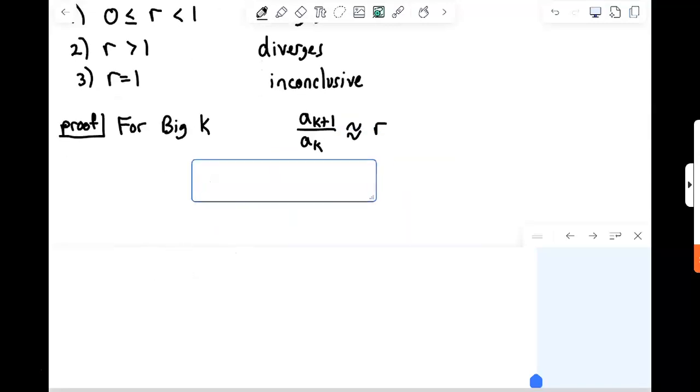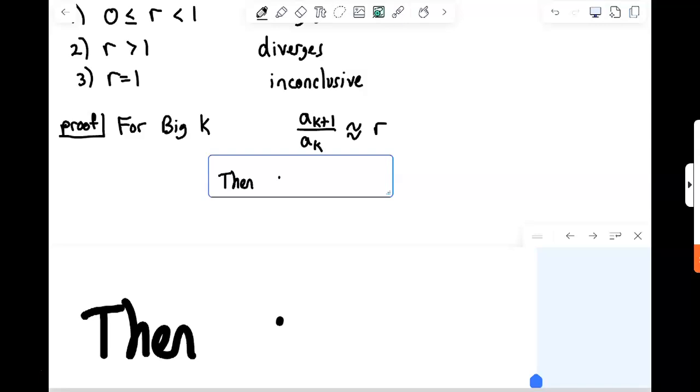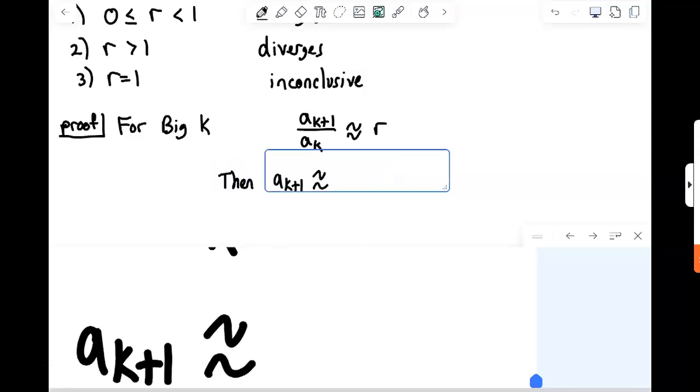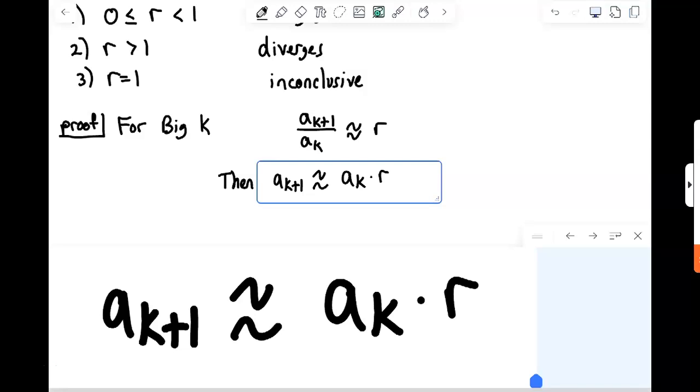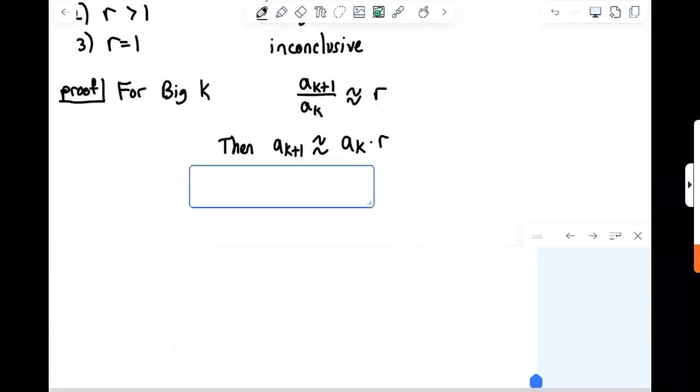That means then, since it's approximately the case, that a_(k+1) is approximately a_k times r. In other words, this is the recurrence relation definition for a geometric series.